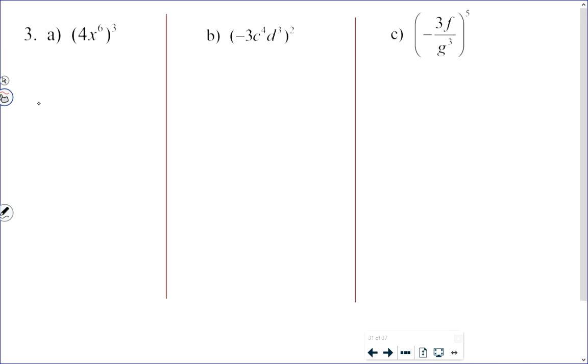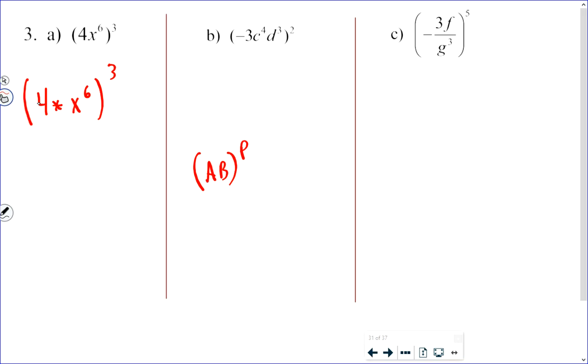All right, 4x to the 6 cubed. Well, 4x to the 6 means 4 times x to the 6, and this is raised to the exponent of 3. We have a rule, and I'm just going to write it in the center of the screen here, that says when you have a product raised to an exponent, and I'm just going to choose weird letters.